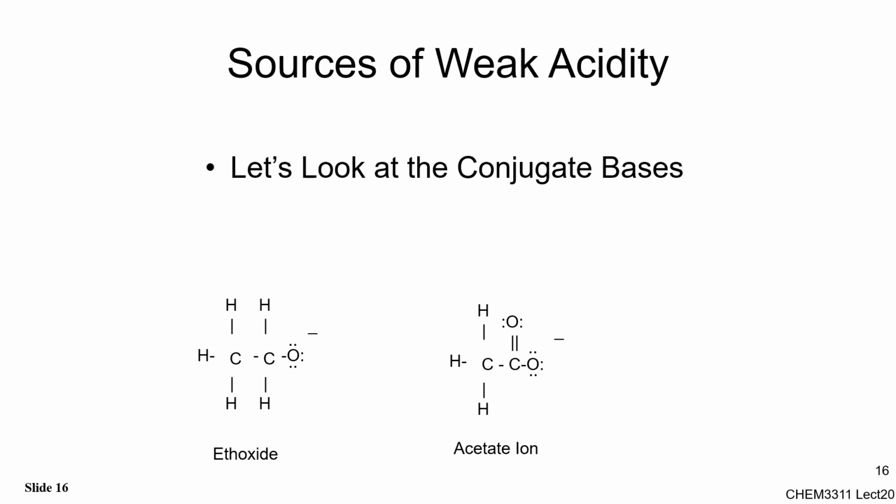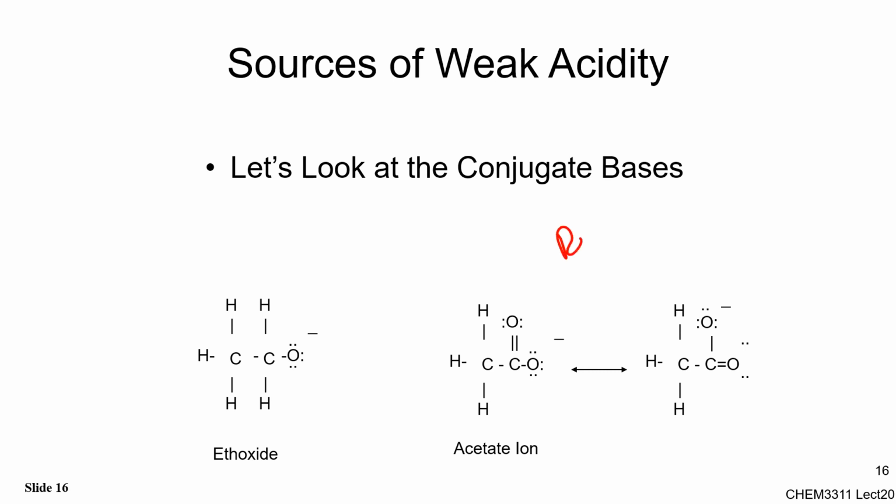What's special about our acetate ion? Well, that's not the only form we should draw it in. It has a resonance structure. And with that resonance structure, that increases the stability.